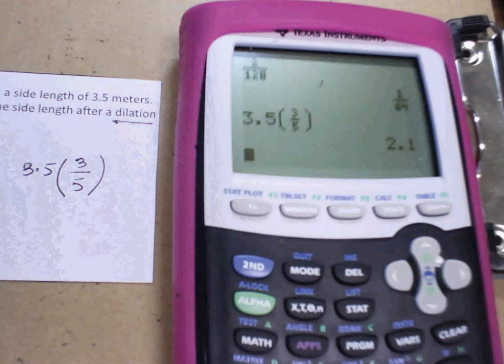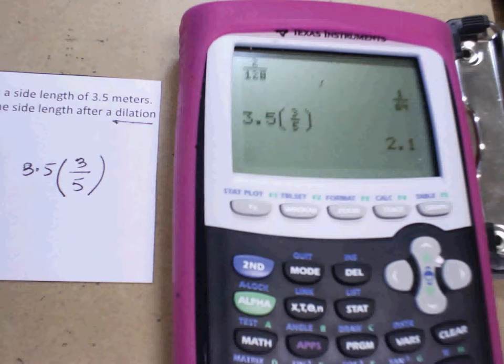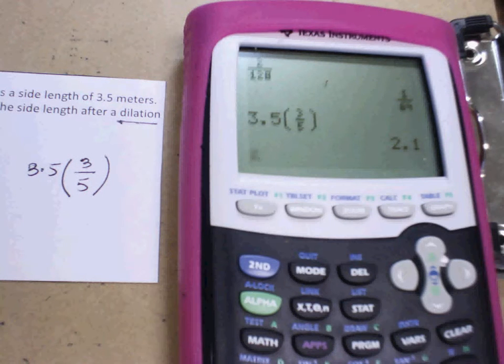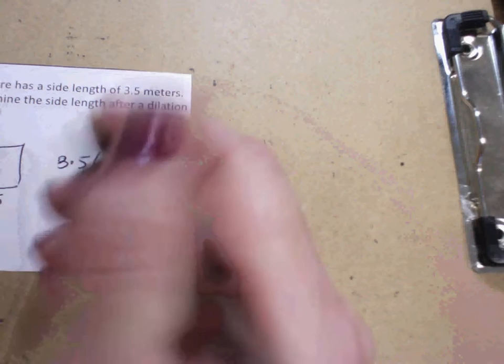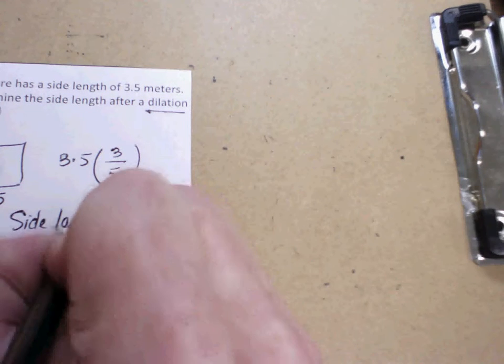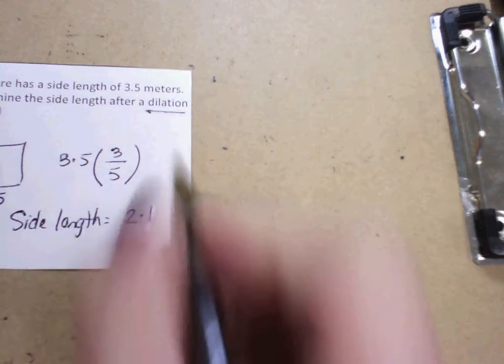What is the side length of the new one? Thank you. It's right there, 2.1. But you can't say it because you're too busy cutting. Come on.